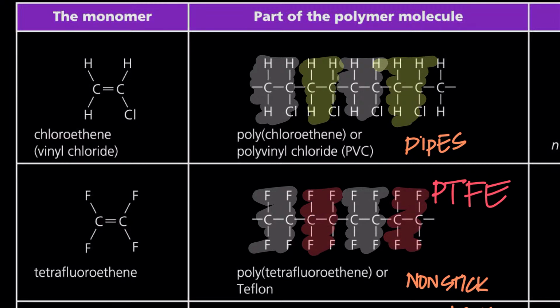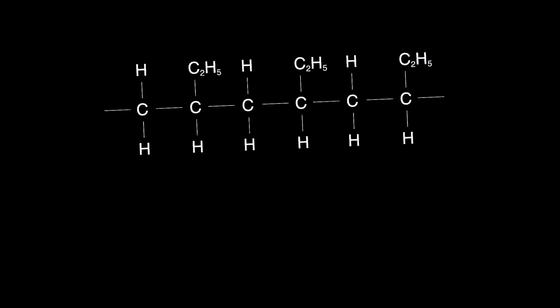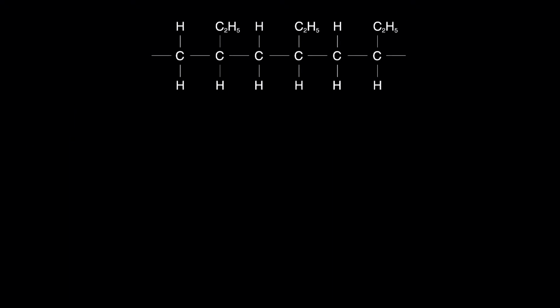For example, I'll give you another polymer that you haven't seen, and let's see if you can figure out the repeat units and then the monomer. I'm going to zoom out and go back here and show that to you. Here you go. Let's take this polymer. Sorry, I'm going to make this smaller. This is a section of the polymer.